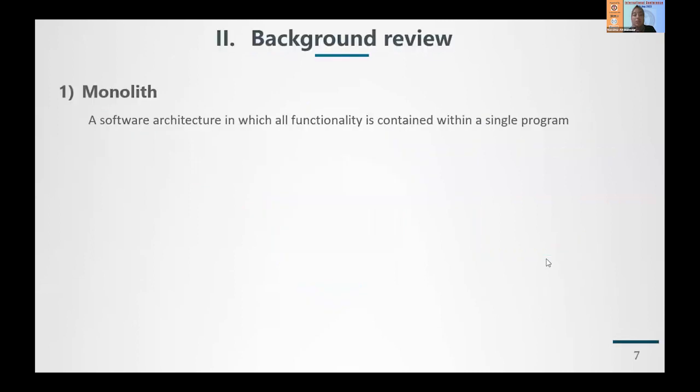We can define it as a software architecture in which all functionality is contained within a single program. And this is the problem, because this architecture makes it impossible to separate the components, because we have a strong relationship between all our code and all the components.